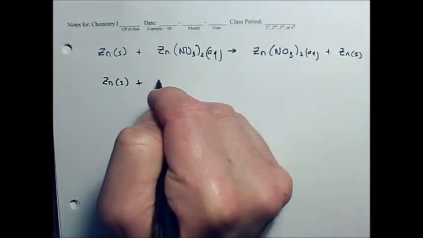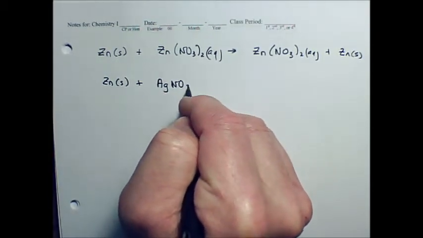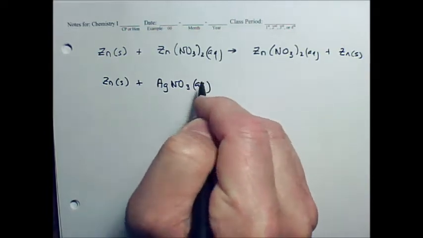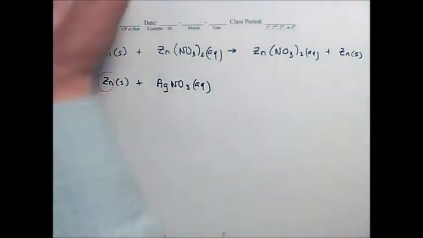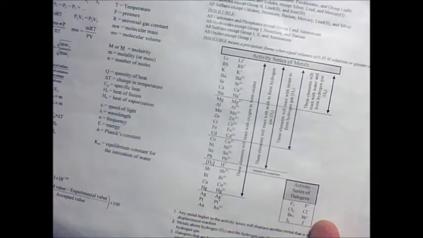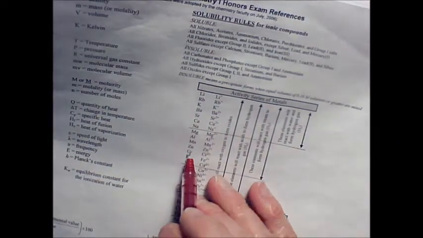and I put it in a solution with silver nitrate, zinc, because it's higher on the activity series, is actually more active, and that's why we put it higher. I'm sort of explaining it backwards. Zinc is more active and we put it higher than silver.